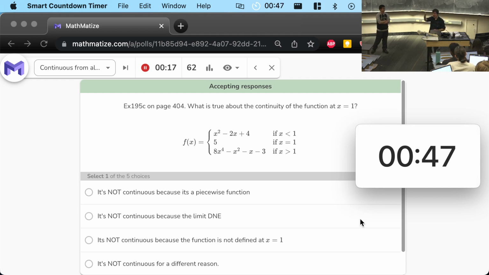And again, feel free to talk to your neighbors. Okay, 10 seconds left. Make your final choice. Are you going to switch, or are you going to stay in the same camp you were before?